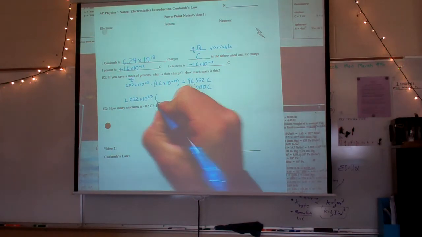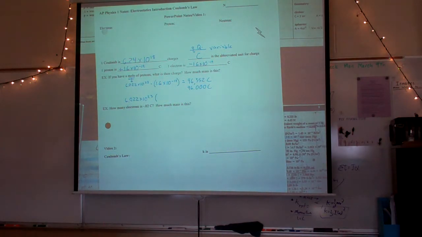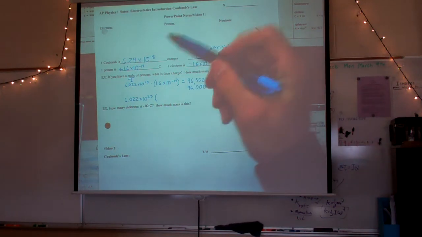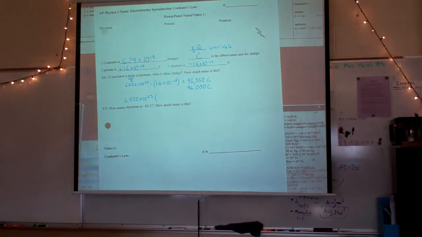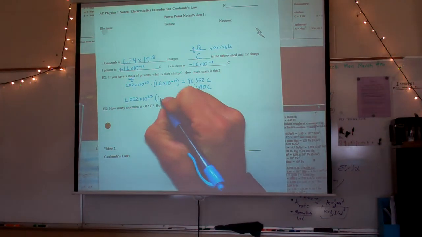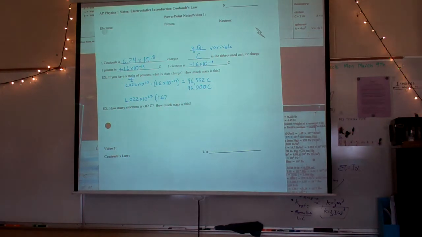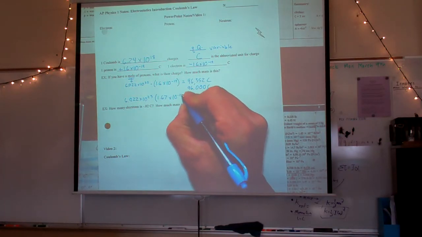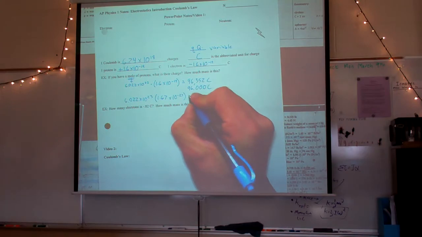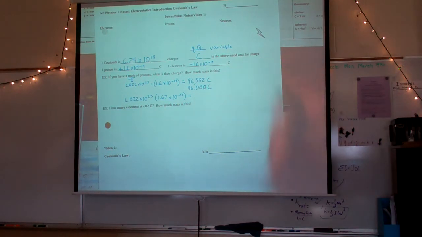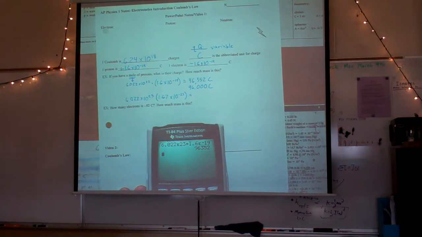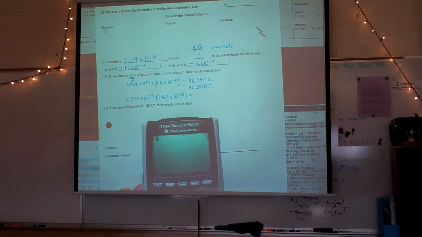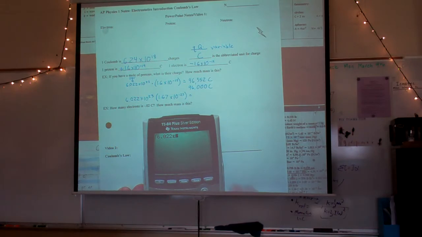Then we need to multiply by the mass of one proton, which you have in your notes up here: 1.67 times 10 to the negative 27. That's in kilograms, so our answer will come out in kilograms. Use the second double E: 6.022, then you hit second comma.